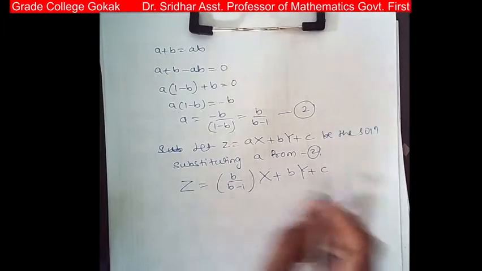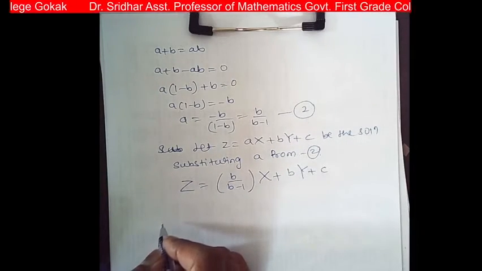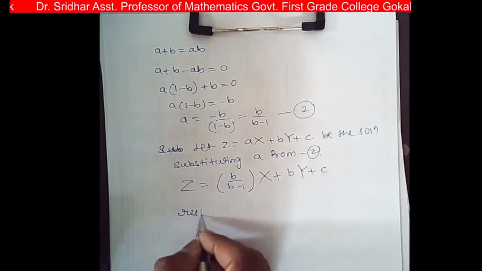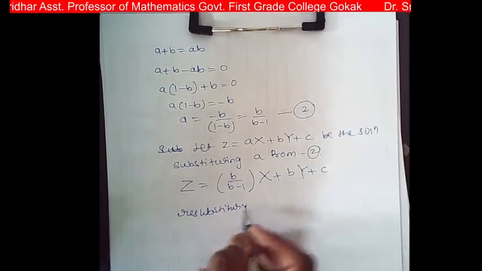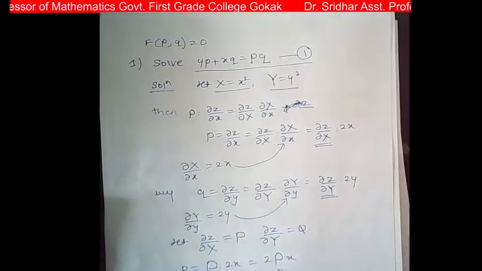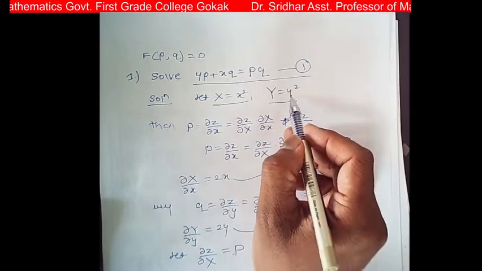Okay, so after we obtain this equation, next we resubstitute the value of x and y. So resubstituting x and y. For this equation, what is x? Here capital X means x square, capital Y means y square.